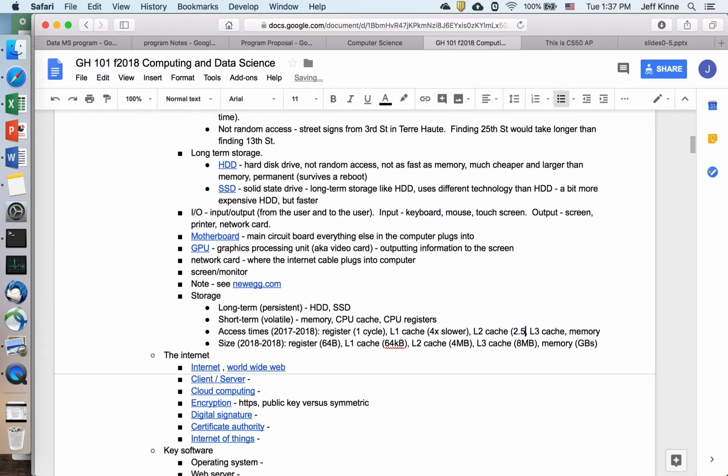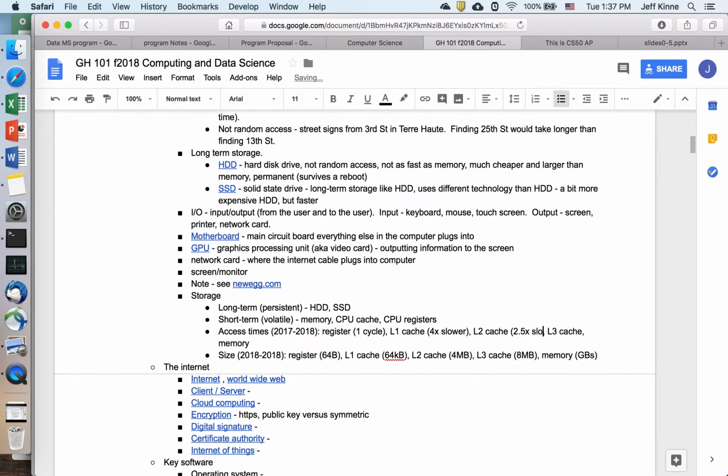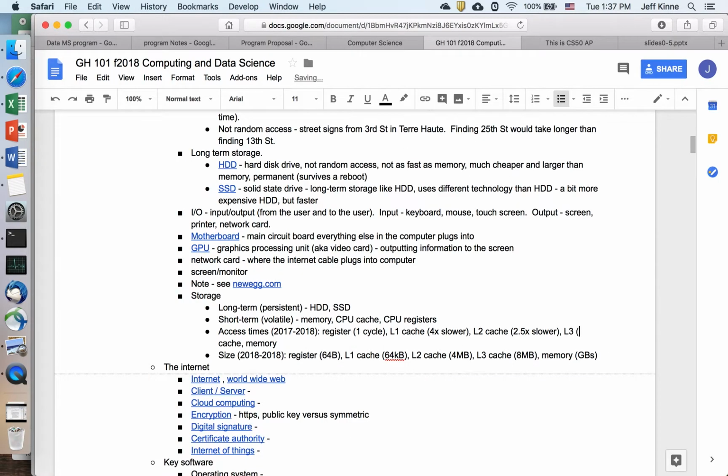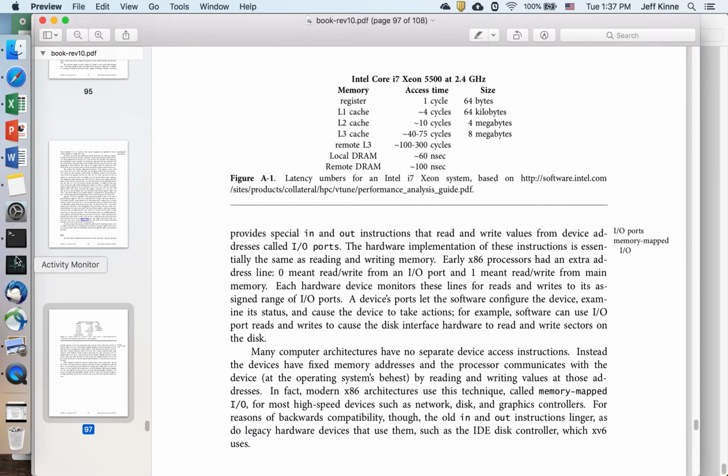This was 2.5x slower than L1, and the L3 we said was about 5 times slower than L2. Put that over here. And then to put the memory, we need to do some calculations.